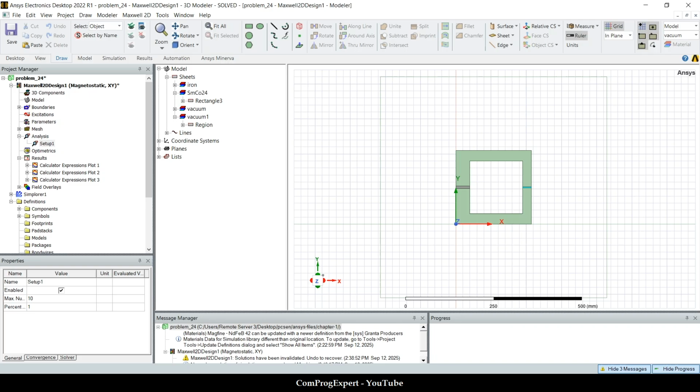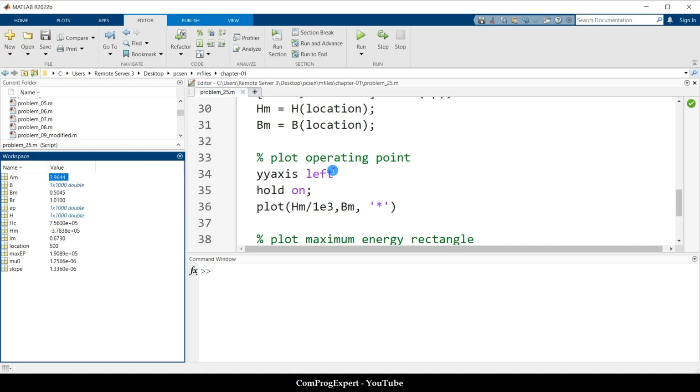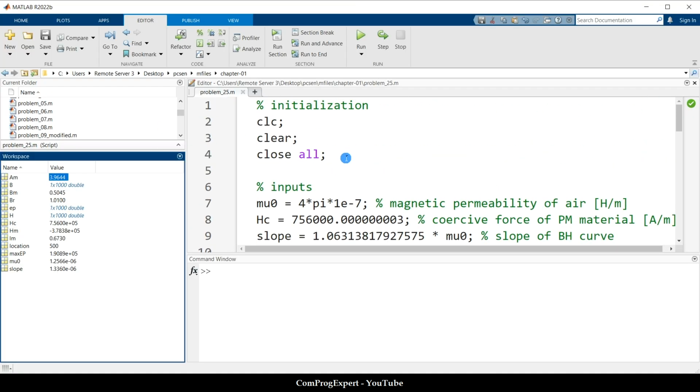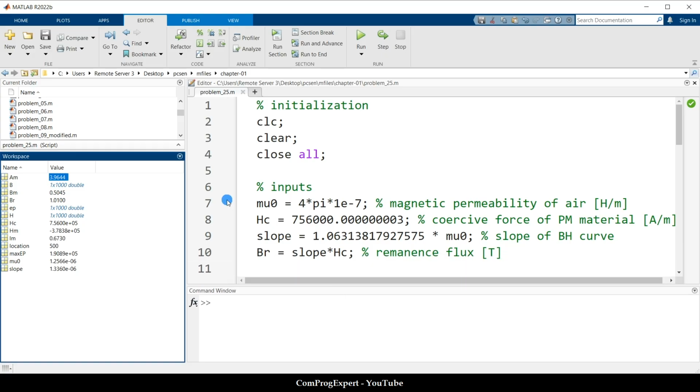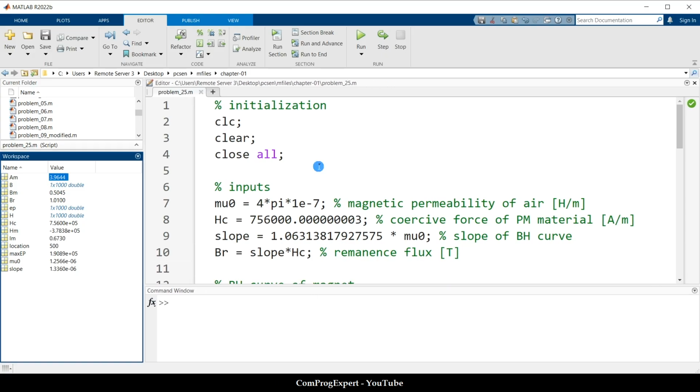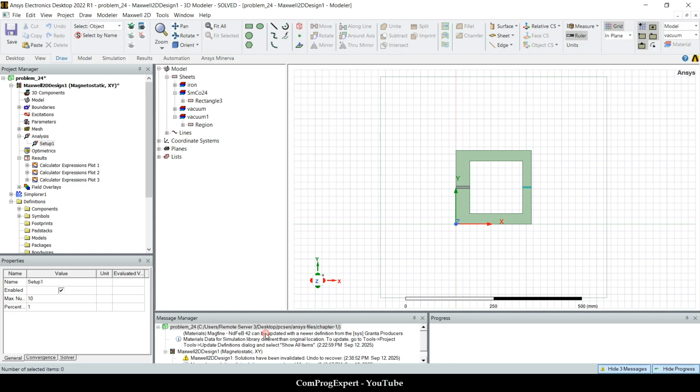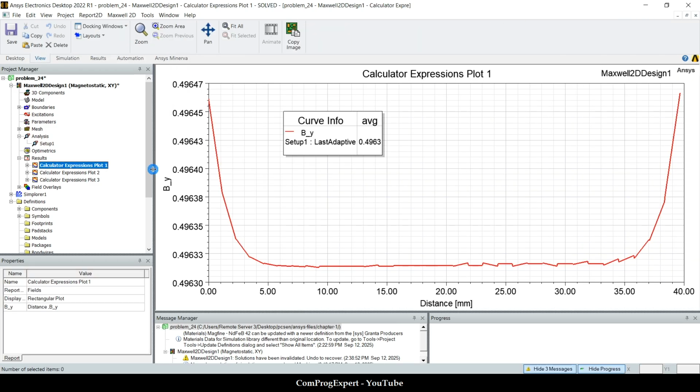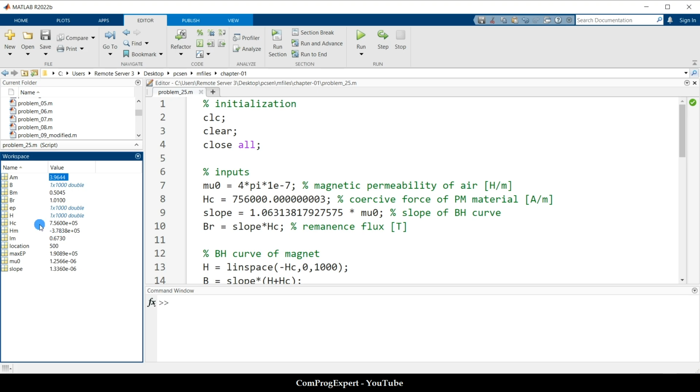But because in ANSYS Maxwell we used this material, in MATLAB we considered the material that we have in ANSYS Maxwell anyway. So here, the average value of the flux density in the magnet is 0.495. Yes, the same number that we have here for BM.